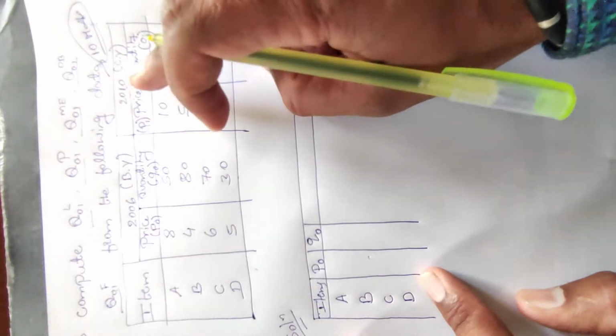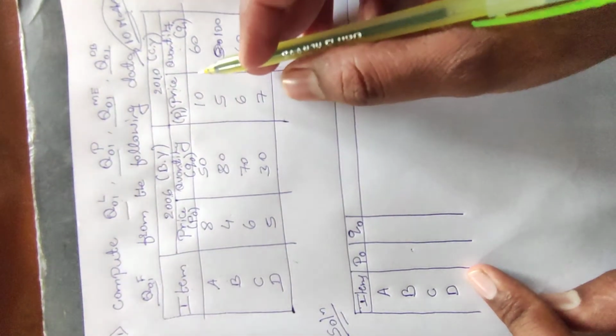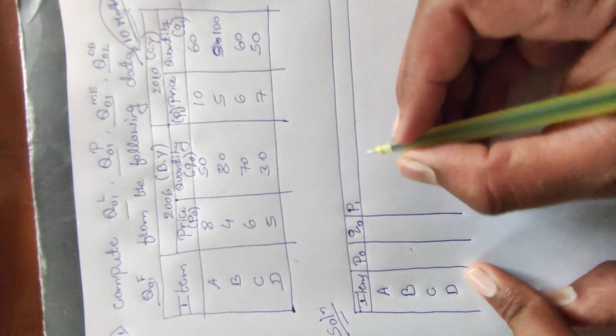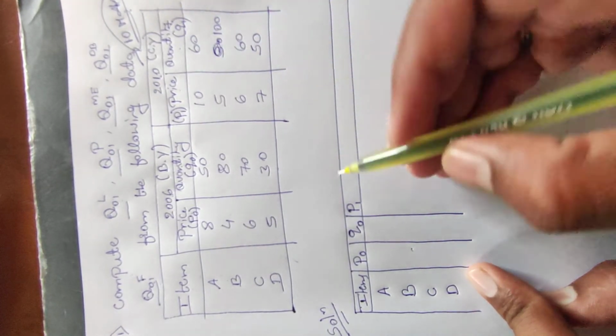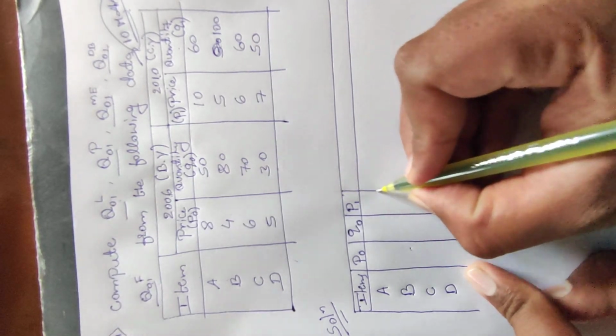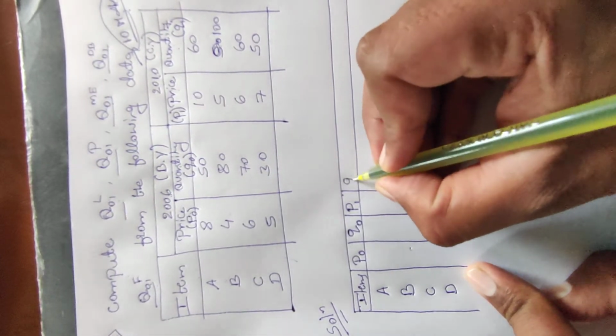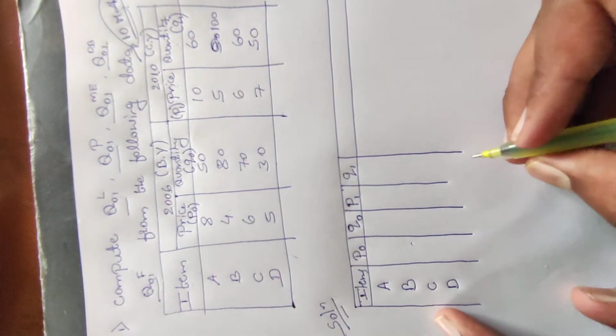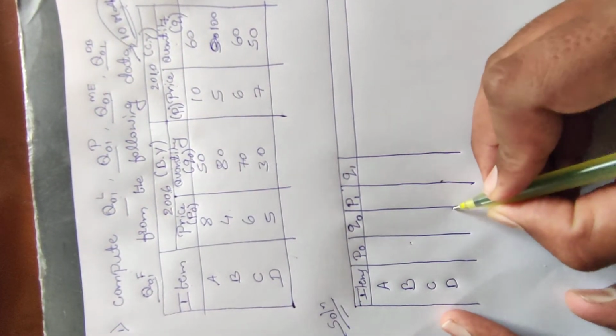Next, the current year price, which we denote as P1. Next, the current year quantity, which we denote as Q1. These are the given information, so we write it as it is.